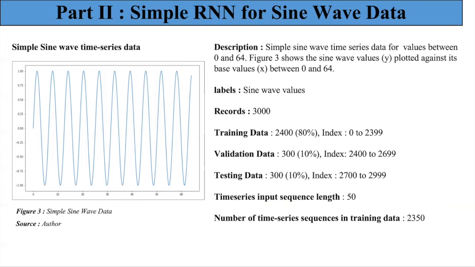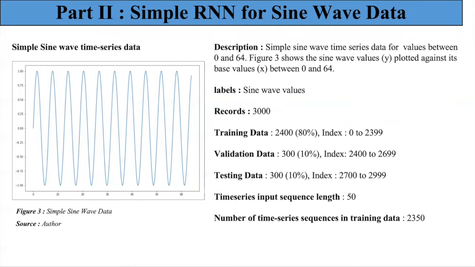which we plotted on the left-hand side, which just follows a particular pattern between two values, -1 and 1. So I have created 3000 such values for the base values of between 0 and 64, converted them into a sine wave, and split the entire data set into three parts: training data set, which is almost 80% with 2400 records; validation data set, which is 10% and 300 records; and in the same way testing data set with 10% and 300 records.